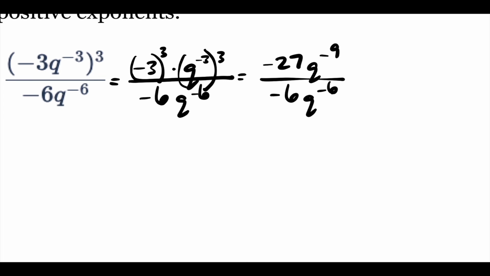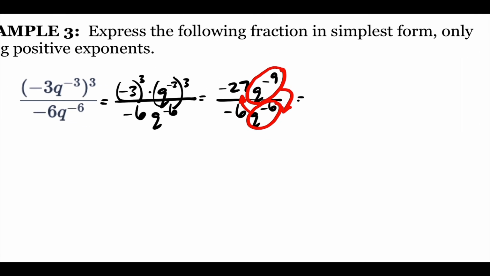Okay. Done with step 1, no more parentheses. Step 2, negative or 0 exponents. I got a couple negative exponents, so there's going to be some moving. This guy takes the elevator down. This guy takes the elevator up. Negative 27 stays.